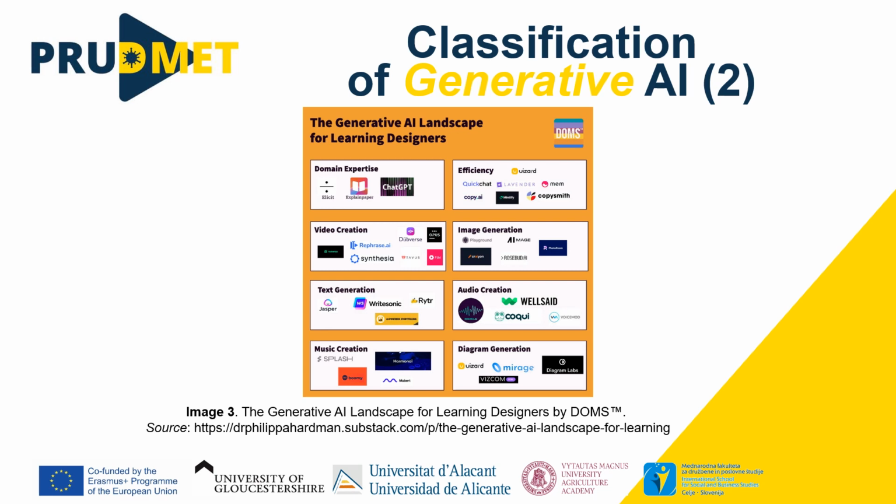The original landscape entails 8 branches, and these are expert domain, efficiency, video creation, image generation, text generation, audio creation, music creation, and diagram generation. Each domain's AI tool can empower educators to develop existing and new curriculums in many ways.